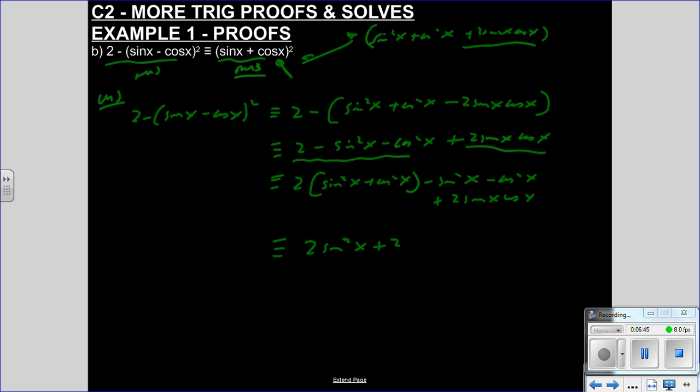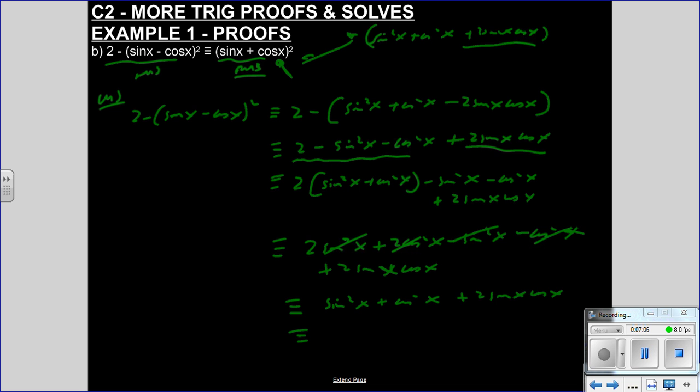2 sin squared x plus 2 cos squared x minus sin squared x minus cos squared x plus 2 sin x cos x. Cancel, cancel, cancel, cancel. You're left with sin squared x plus cos squared x plus 2 sin x cos x, which is the same as sin x plus cos x all squared, which is the right-hand side as required.